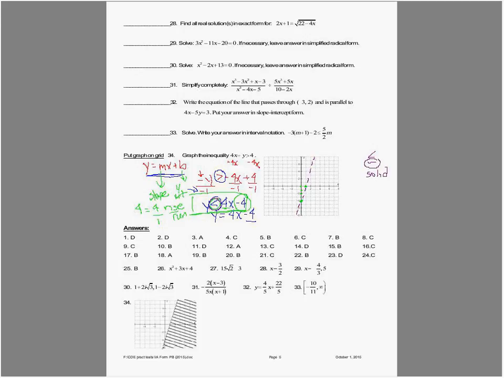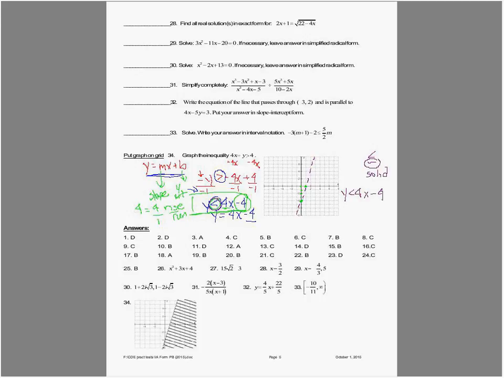Now look at the equation. Y is less than 4x minus 4. Okay, the line here that we've drawn is the 4x minus 4. We want our y values to be less than.